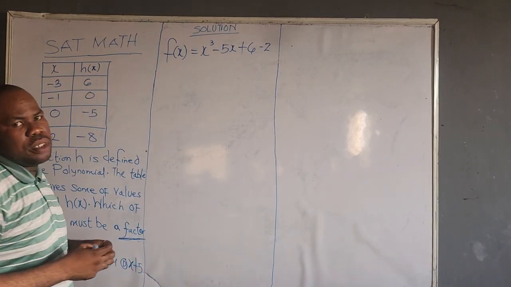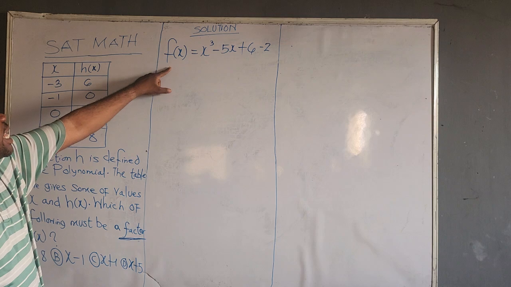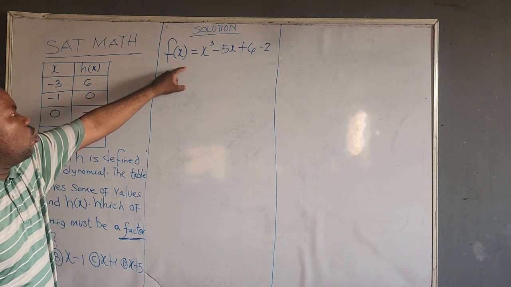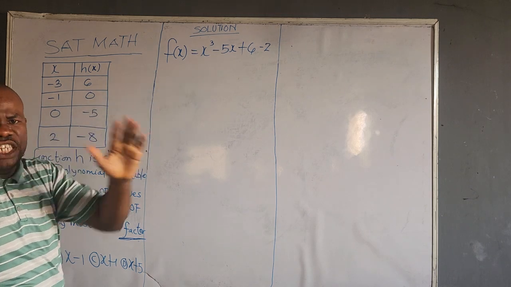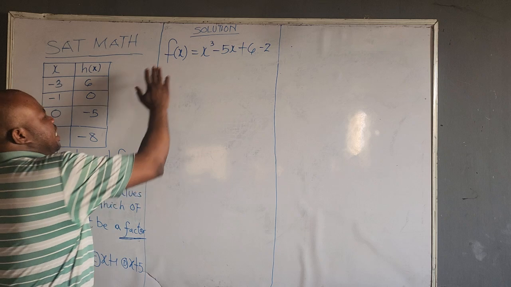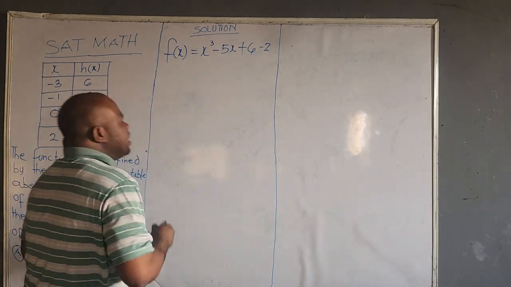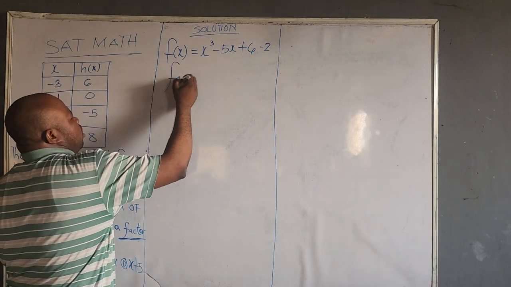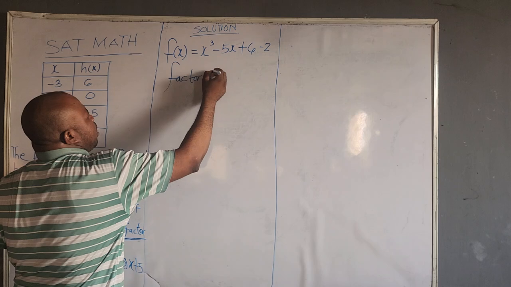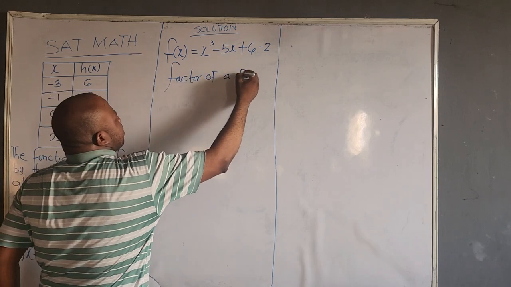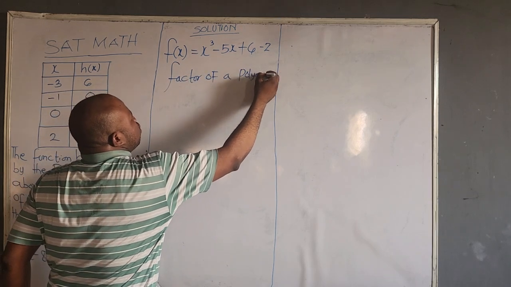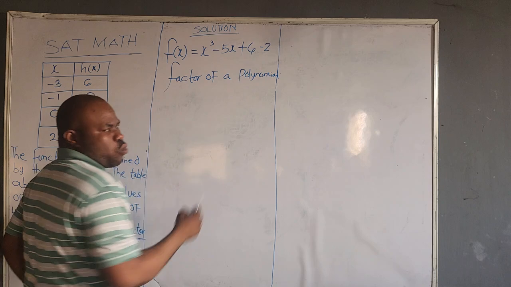What must be one of the factors of this polynomial? So you need to understand, this is a polynomial. What is a factor of a polynomial? What do you call a factor of a polynomial? That is what you need to understand to be able to solve this question.